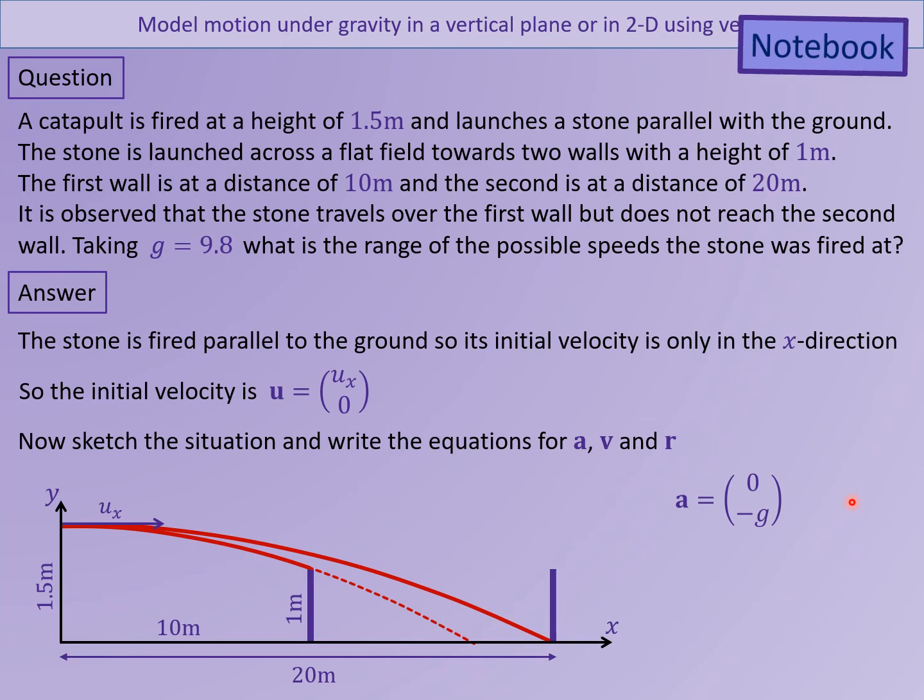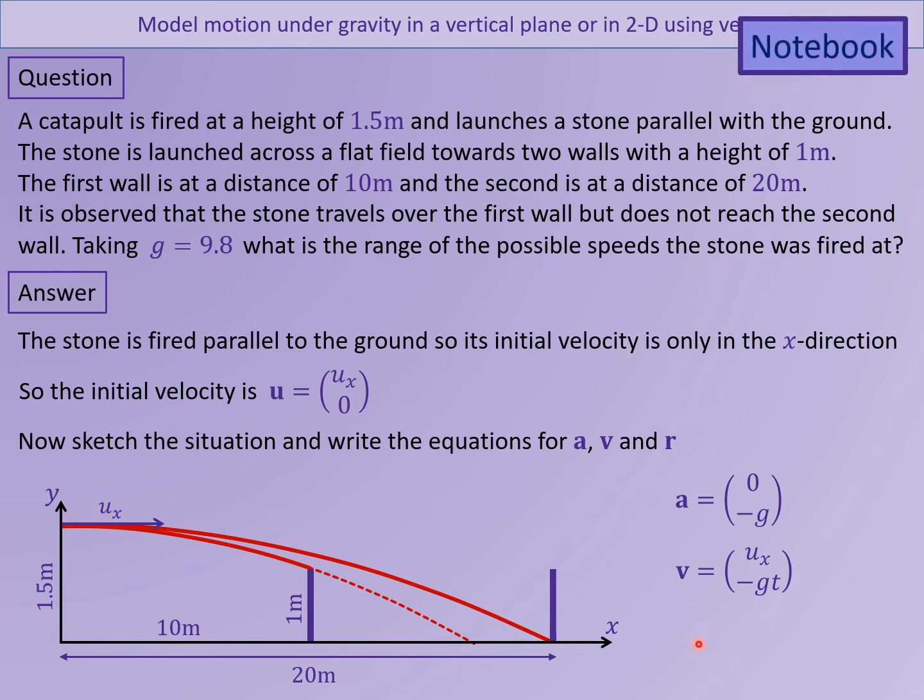I'll get my acceleration written down straight away, with my a values in the x and y directions. If I've got my acceleration, I can then write down my velocity. Normally I have a uy there, but of course uy is 0, so I don't even bother putting that in. So I've got ux and 0 for uy. v equals u plus at, but the initial vertical velocity is 0. It's not going up or down to start with.